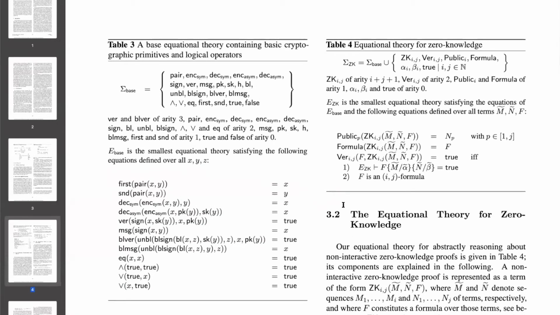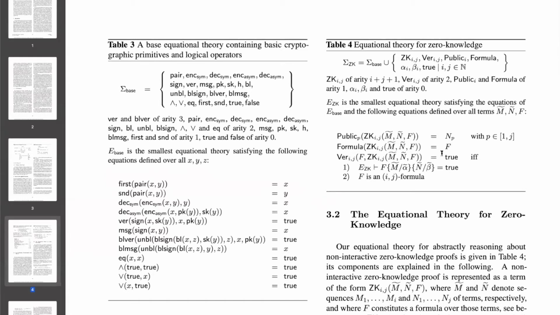Okay, cool. And then you have verifier ij, which is of arity 2, or verify ij. So what it does is it takes the formula in the first position and one of these zk assertions or terms in the second position.